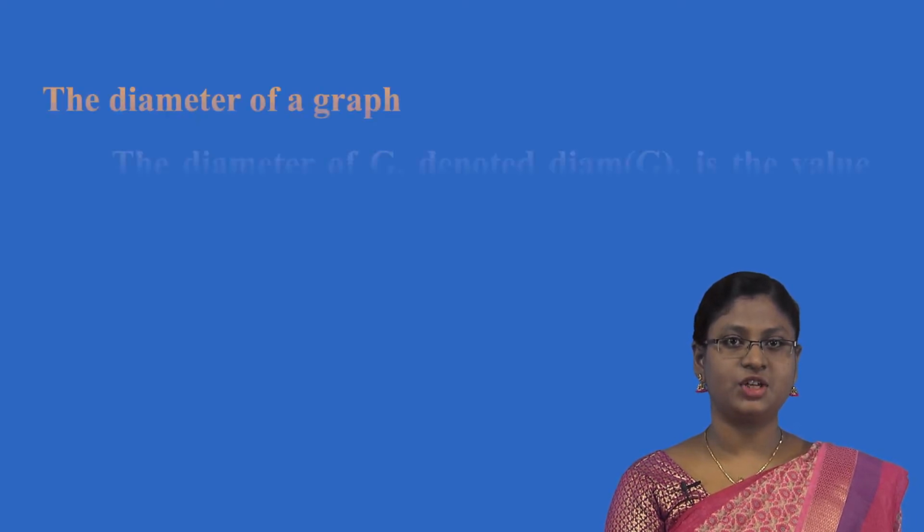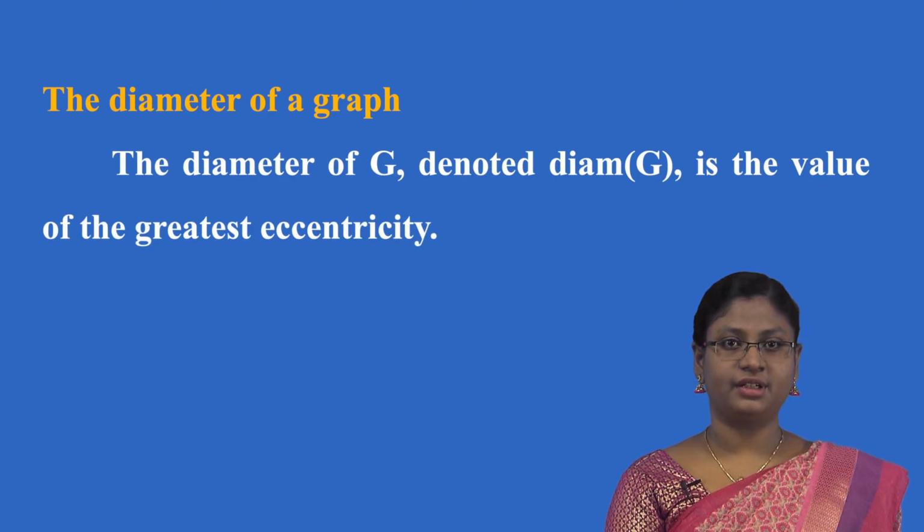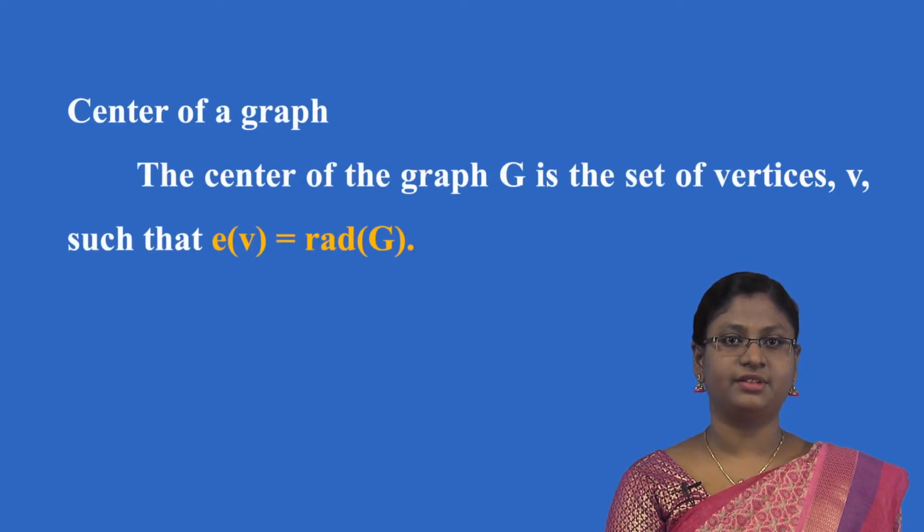Let us see the definition of diameter of a graph. The diameter of a graph G, denoted by diam(G), is the value of the greatest eccentricity. Let us see the definition of center of a graph.